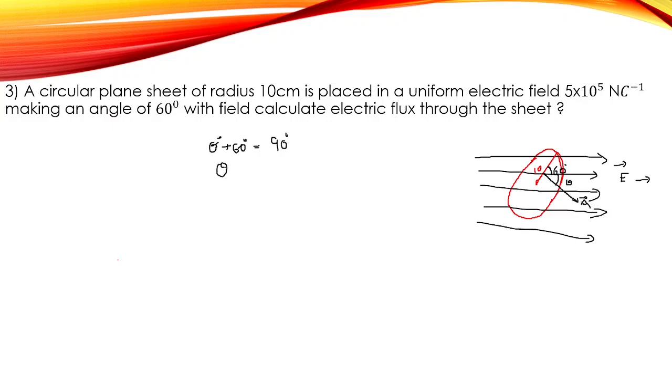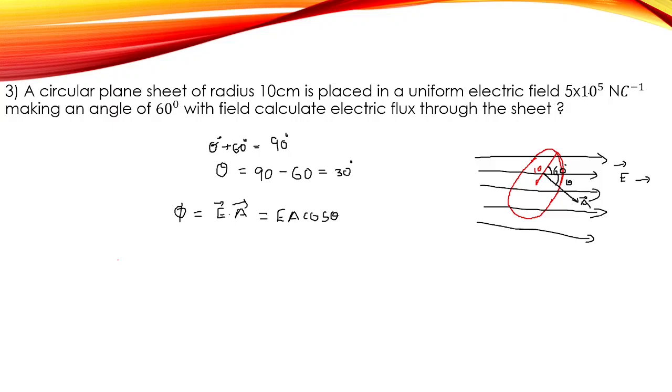Theta is equal to 90 minus 60, that is equal to 30 degrees. Now we can put this simply in our equation. Our equation is electric flux is equal to E dot A, that is equal to EA cos theta.